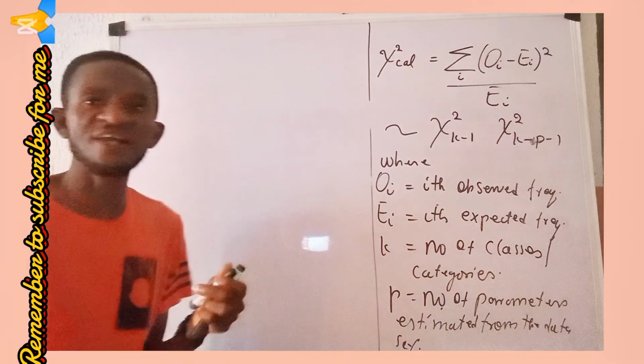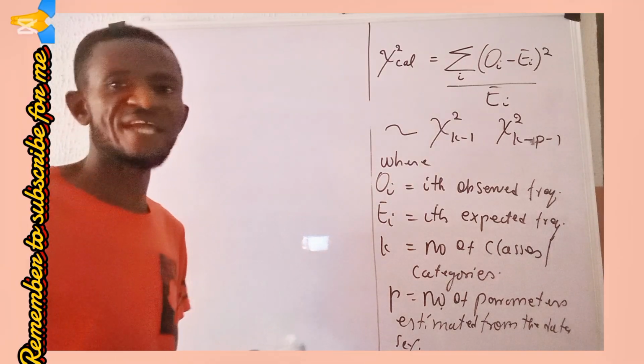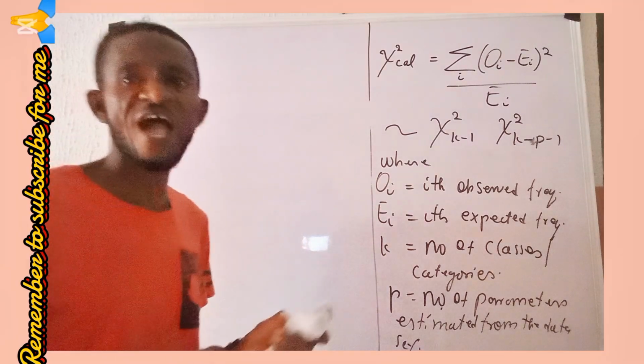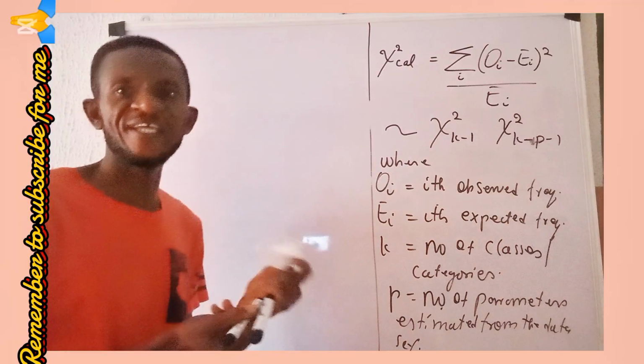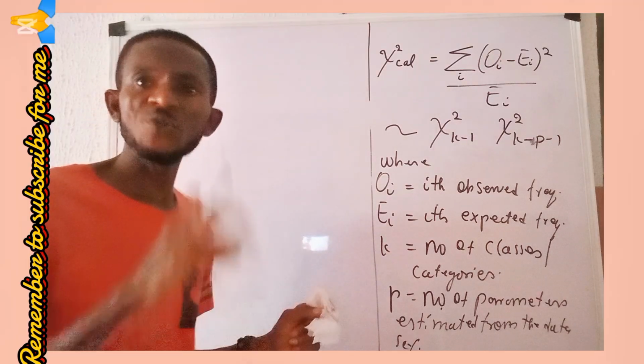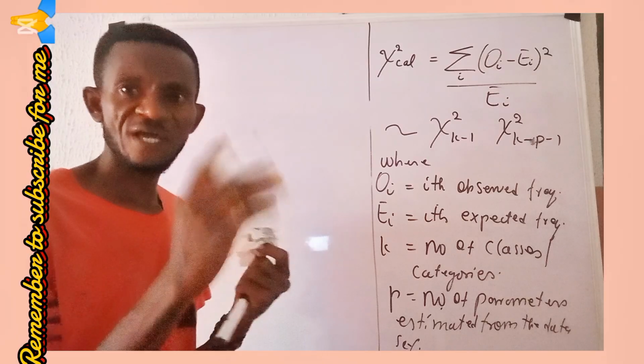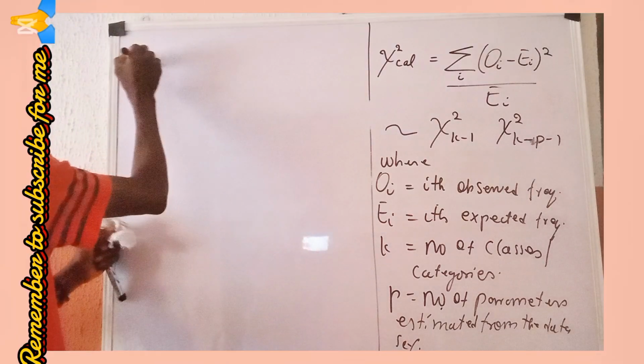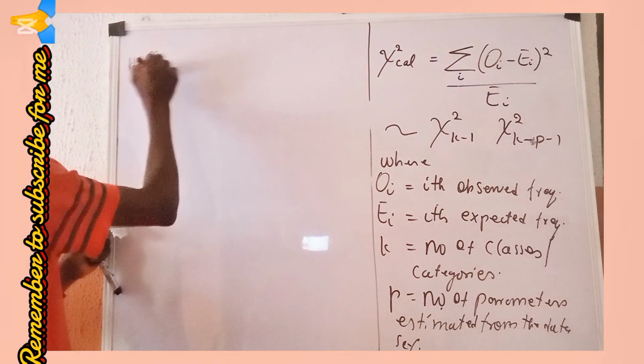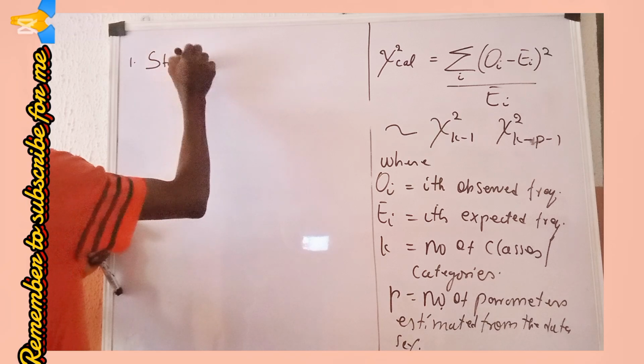For us to conduct a chi-square goodness of fit test, step one is to state the hypothesis.